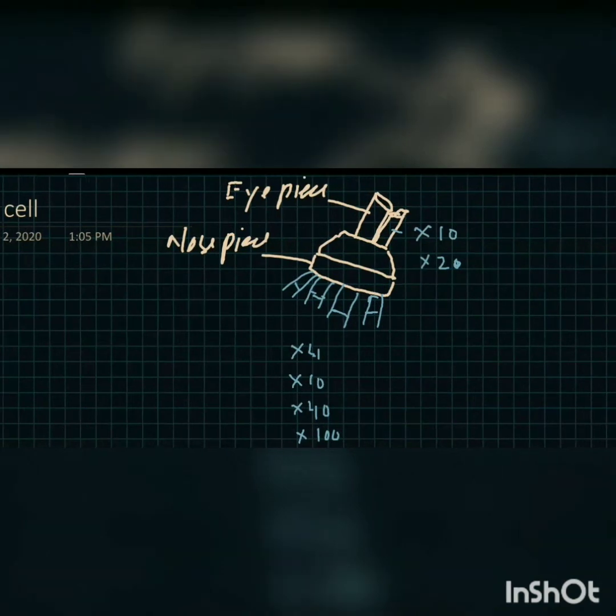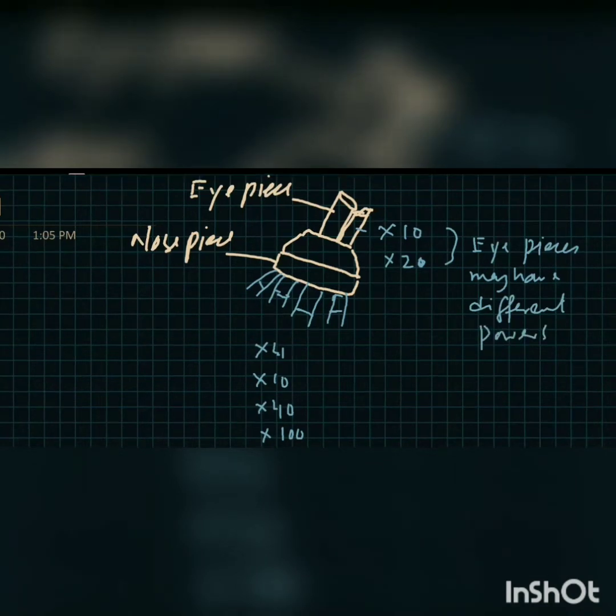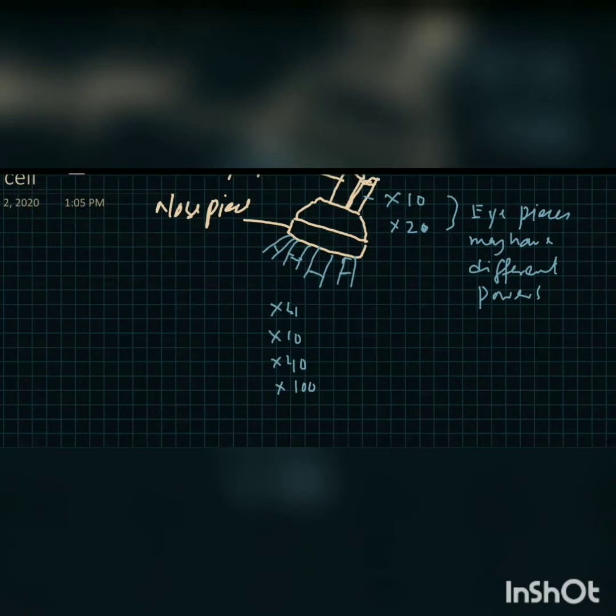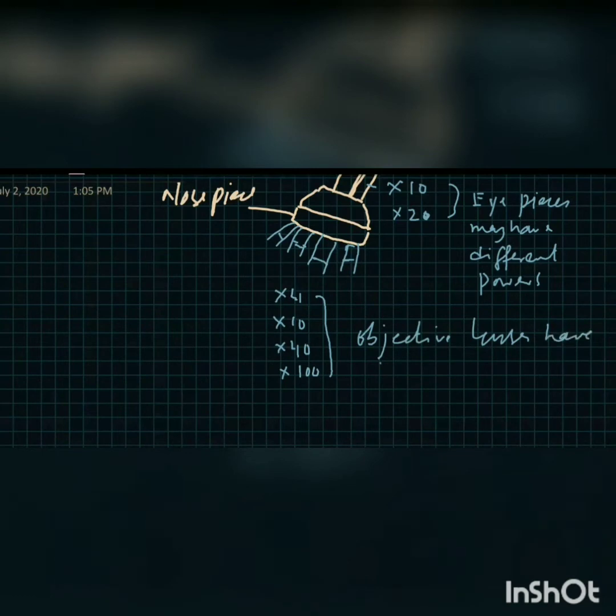So eyepieces may have different powers, and similarly the objective lenses have different powers.